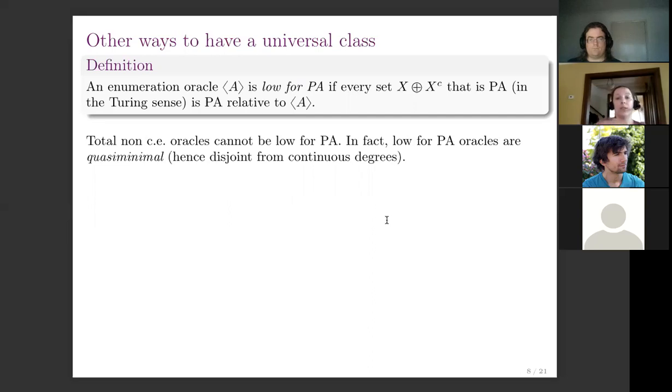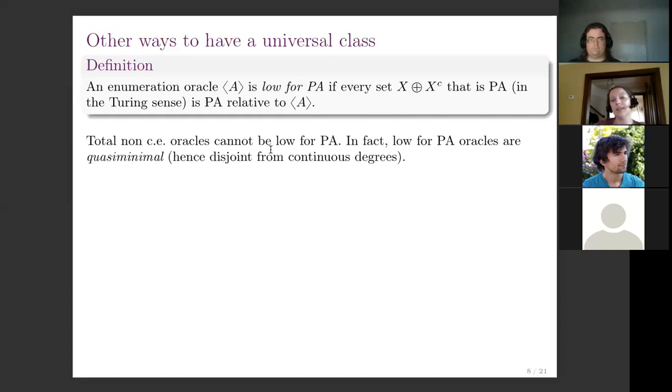And from the definition of low for PA, it follows that every PA degree computes X. But there is a minimal pair of PA degrees, so X has to be computable. So low for PA oracles have to be quasi-minimal. They can't bound any non-computable total set.